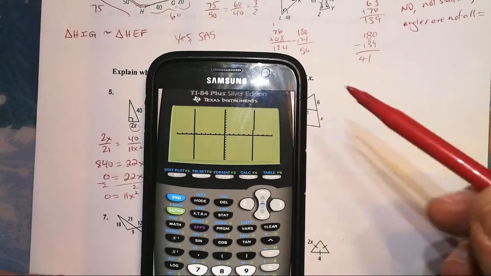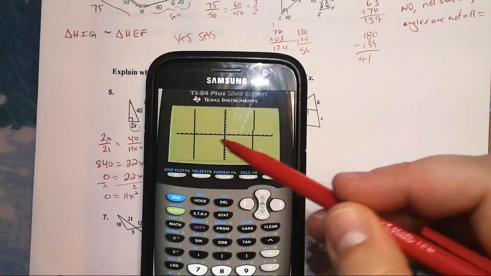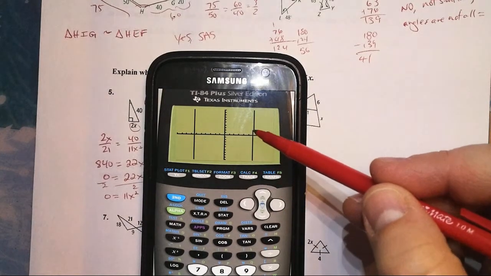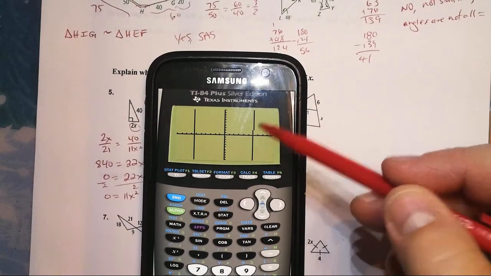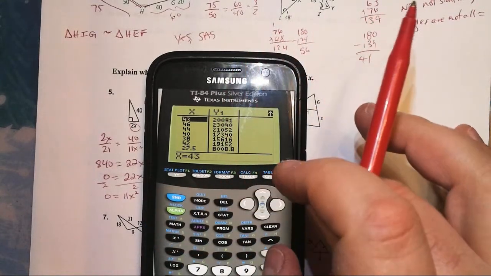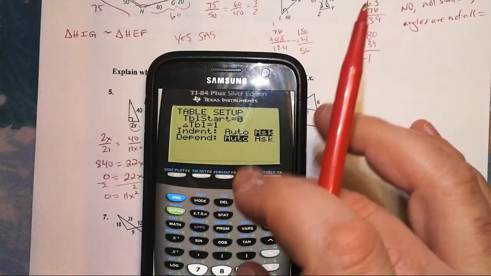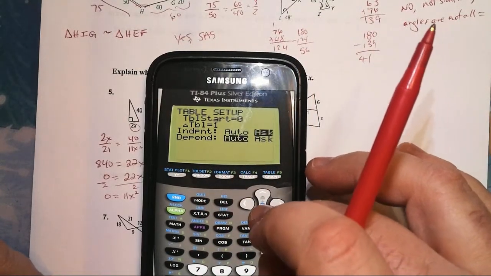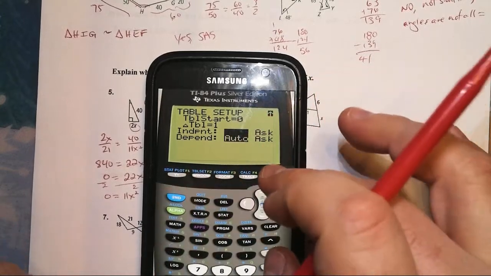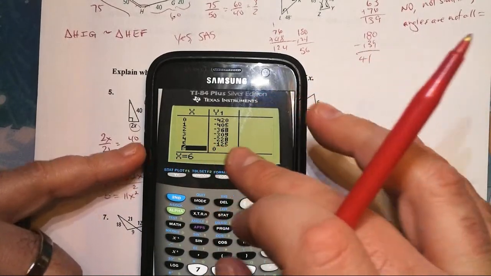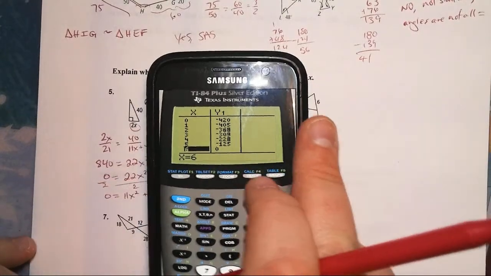This is an 84, but same thing. If you see the graph, you can see this one hits is not a nice number. It's not a whole number. It's hitting in between these two numbers, but this one hits perfectly on that line. So if you go to your table, your table said if you start at 0, you can see when the x is 6, the y is 0. That is one of our solutions.